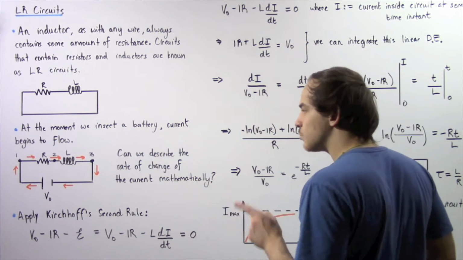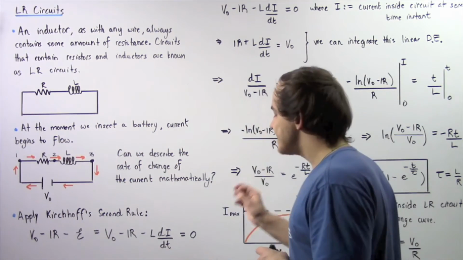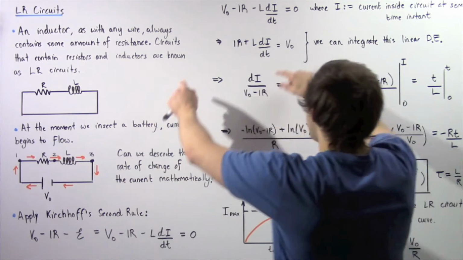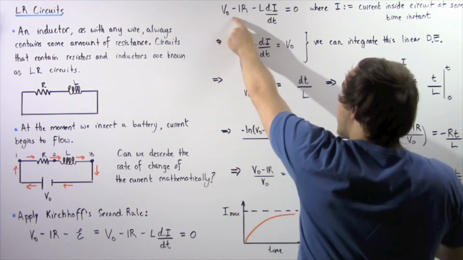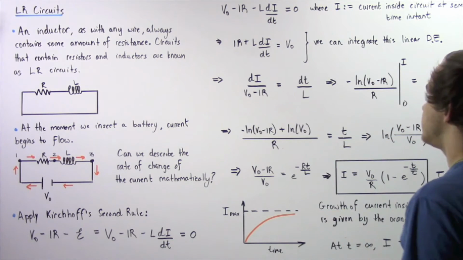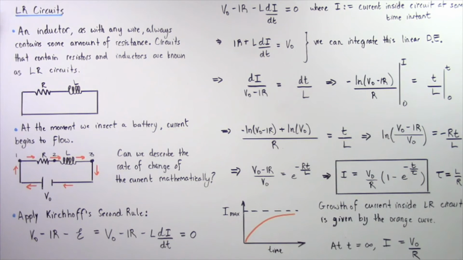By Kirchhoff's second rule, this sum of voltage drops and gains is always equal to 0. So V0 minus IR minus L dI/dt is equal to 0, where I is simply our electric current inside the circuit at some time instant.